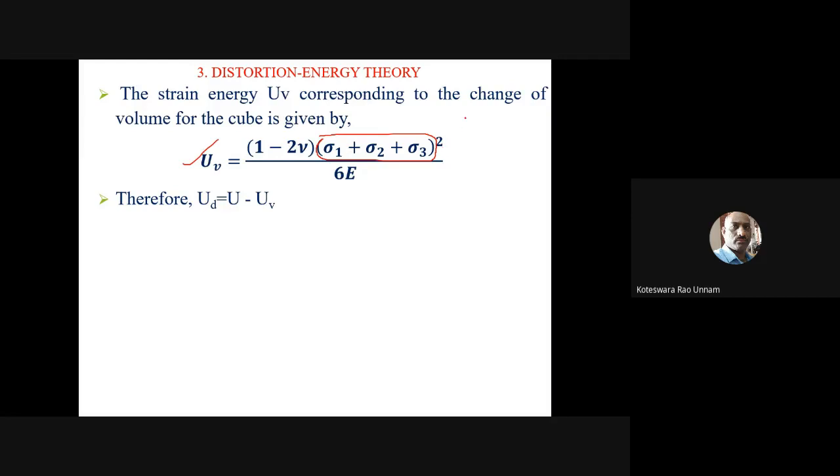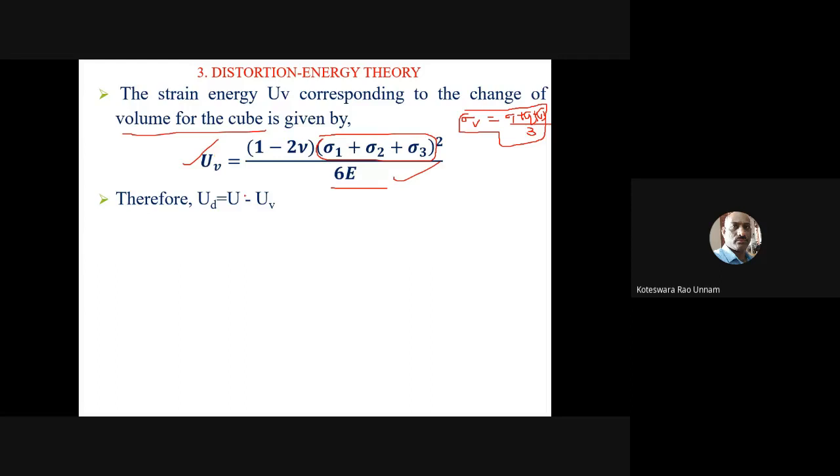So sigma v is nothing but sigma 1 plus sigma 2 plus sigma 3 divided by 3. If I substitute that here, this is the expression for the strain energy because of only volumetric change, there is no distortion.